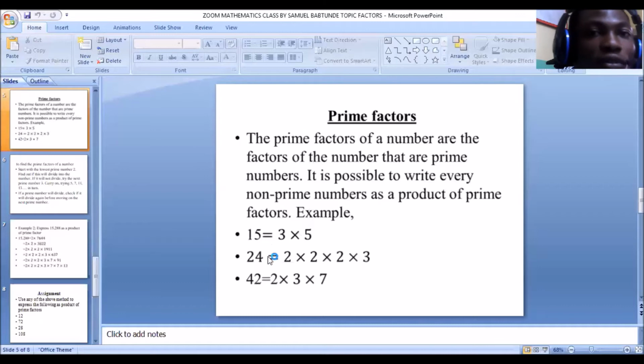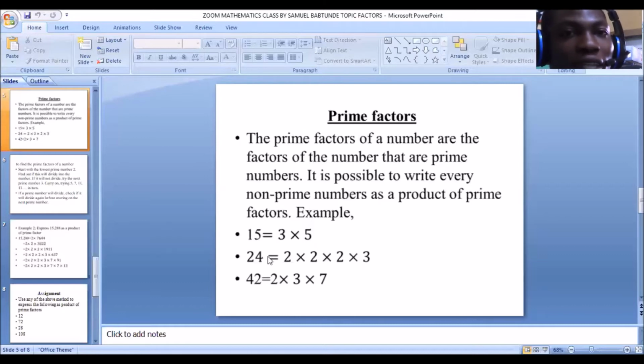Likewise, I have 24. The factors of 24 include 1, 2, 3, 4, 6, 8, 12, and 24. But now I want to represent 24 as a product of its prime factors.